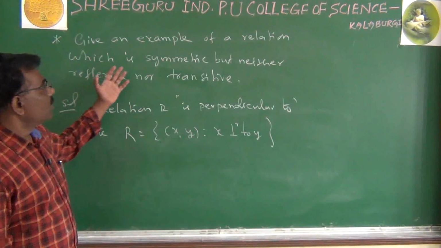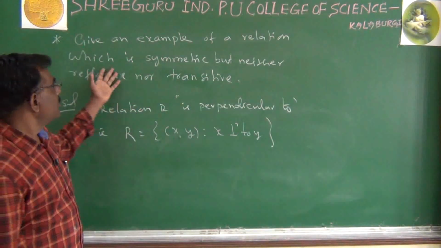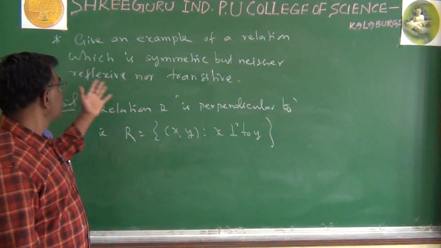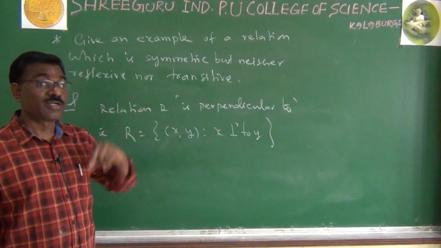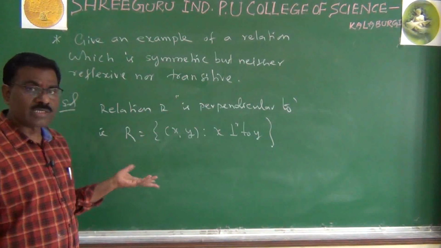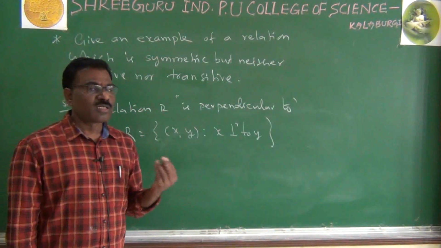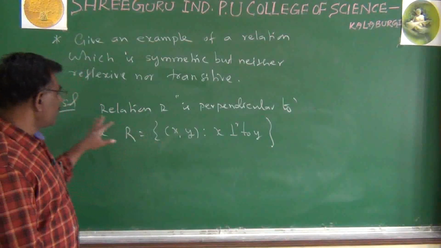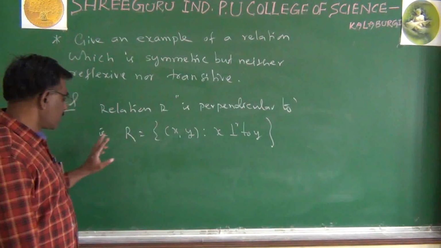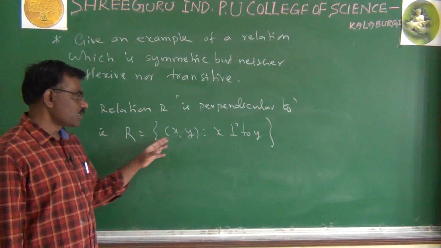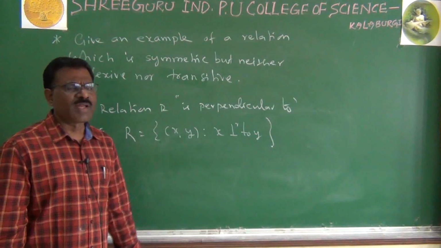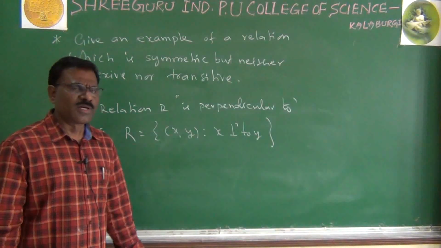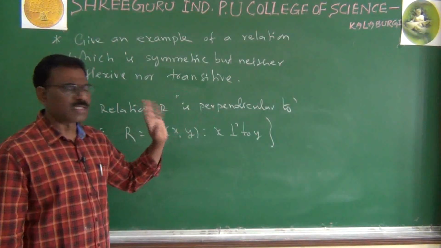Otherwise, if asked to examine the relation which is symmetric but neither reflexive nor transitive, you would have to prove all three conditions. But here it is not necessary. It is a one mark question: give an example. Relation R is perpendicular, that is R is x comma y, x perpendicular to y. Very important: you write only one line.